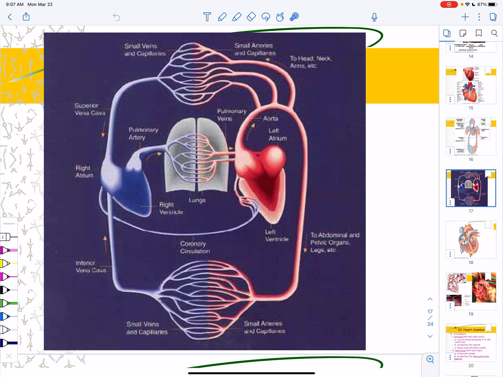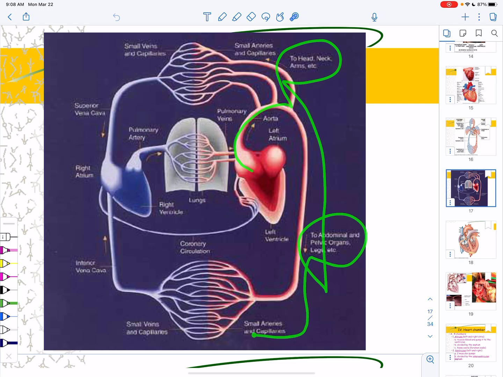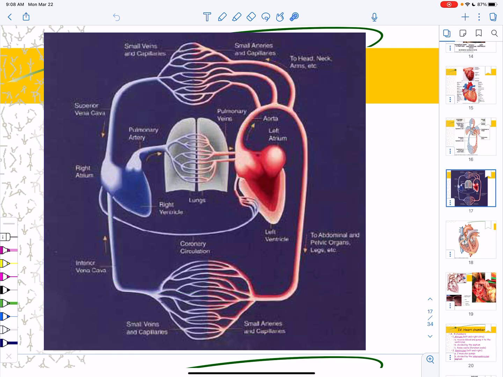The systemic circulation sends the blood to the head, neck, and arms, as well as the pelvic organs and lower regions of the body, returning the blood to the right side.